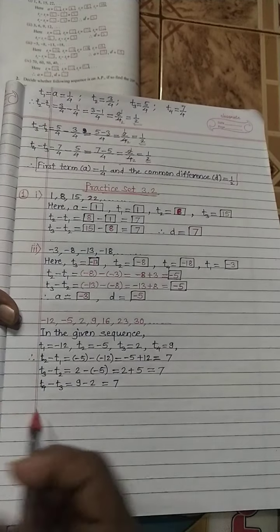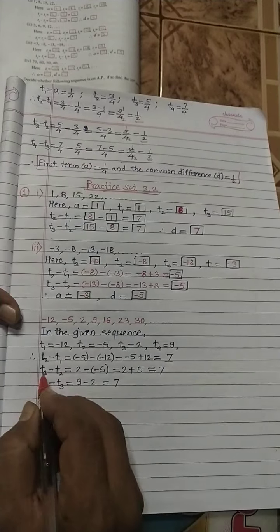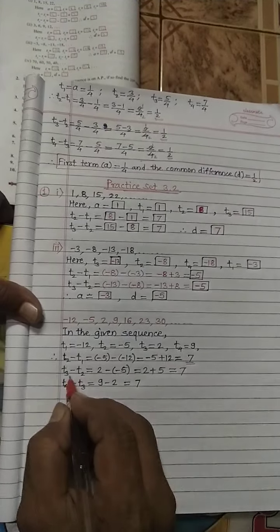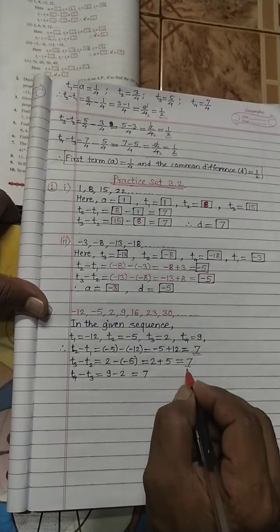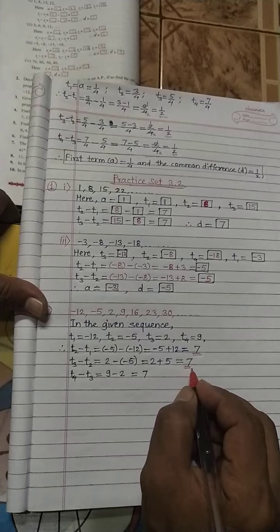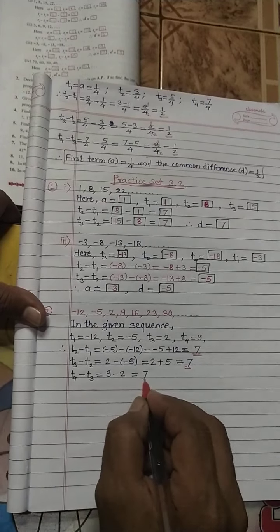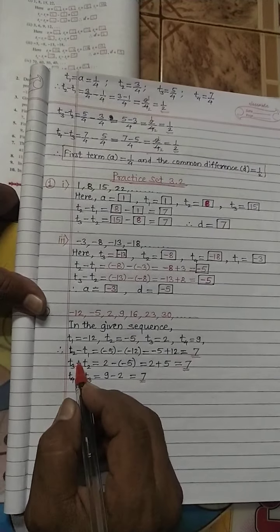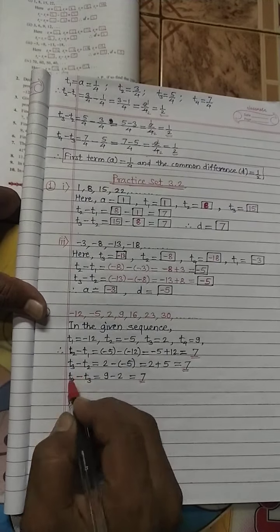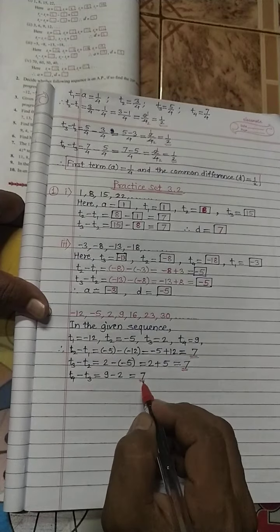So we can see that T2 minus T1 is equal to 7, T3 minus T2 is also 7, and T4 minus T3 is also 7. That means the difference between any two consecutive terms is the same, meaning constant.